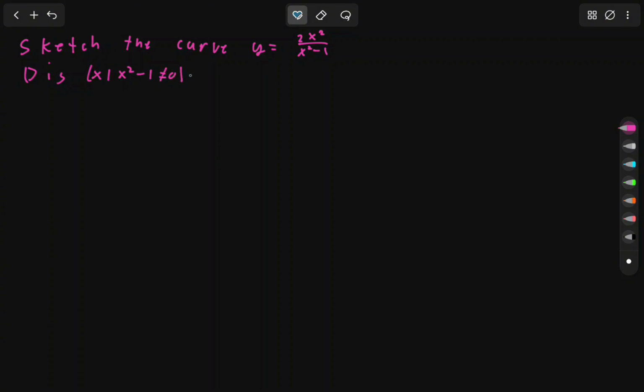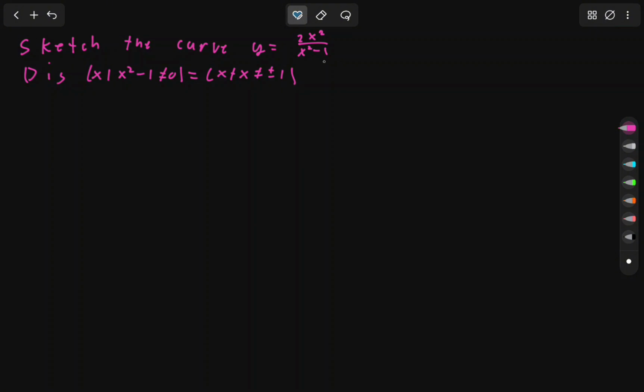So we know that x cannot be equal to plus or minus 1. All right. And that should give us all of our values for undefined.